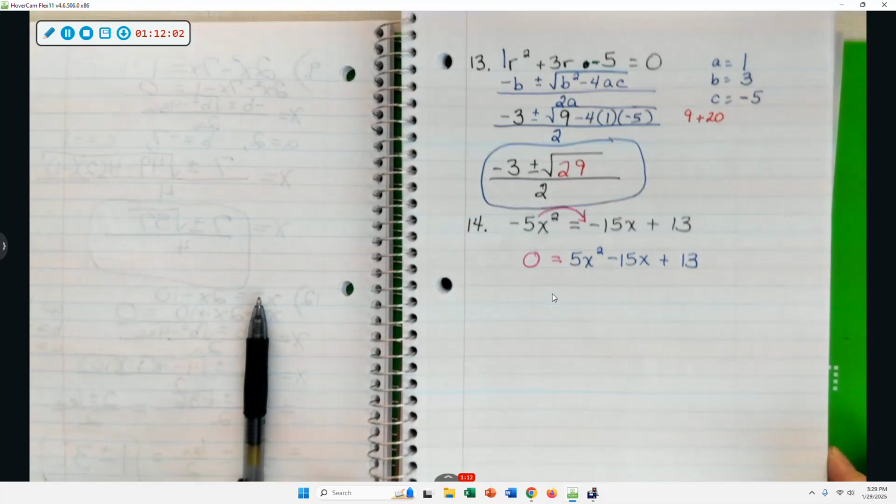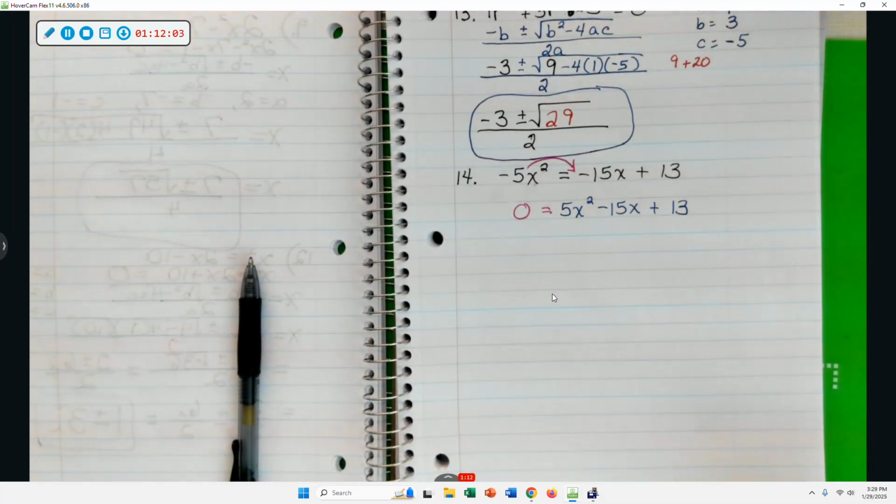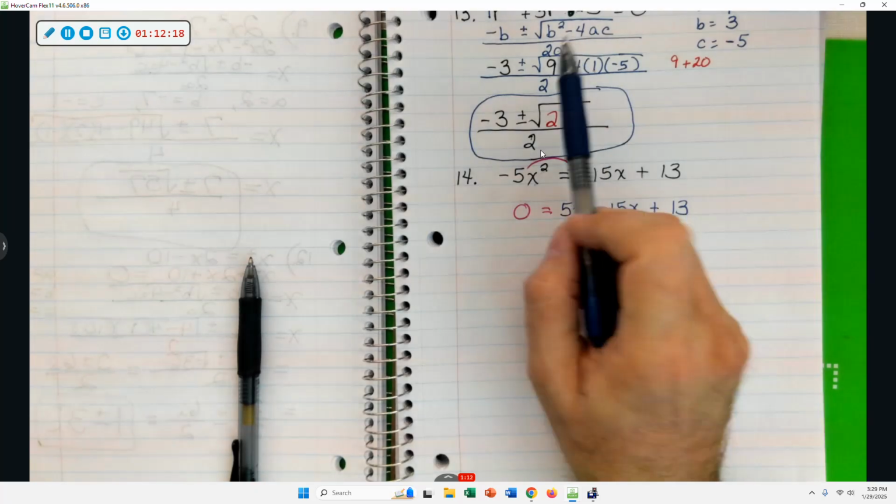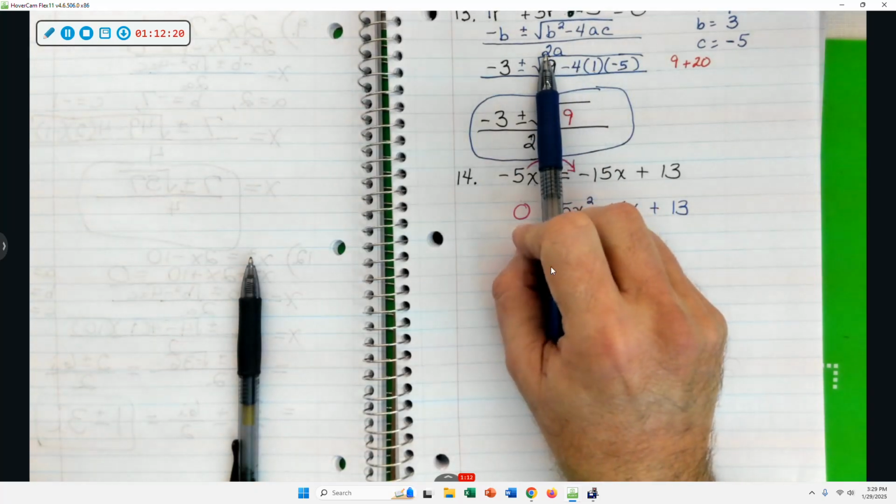Are there any questions? Y'all see how I've rewritten it? You don't want A to be negative. It doesn't matter if B or C is negative. And if you think about why that is, do you ever want a negative number in the bottom of a fraction?